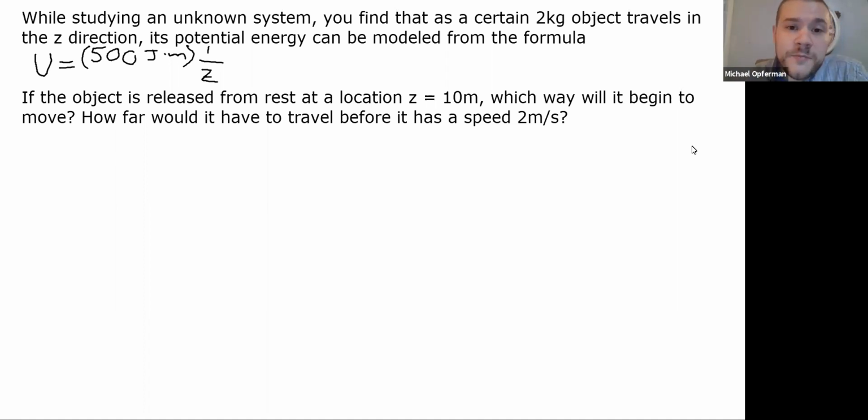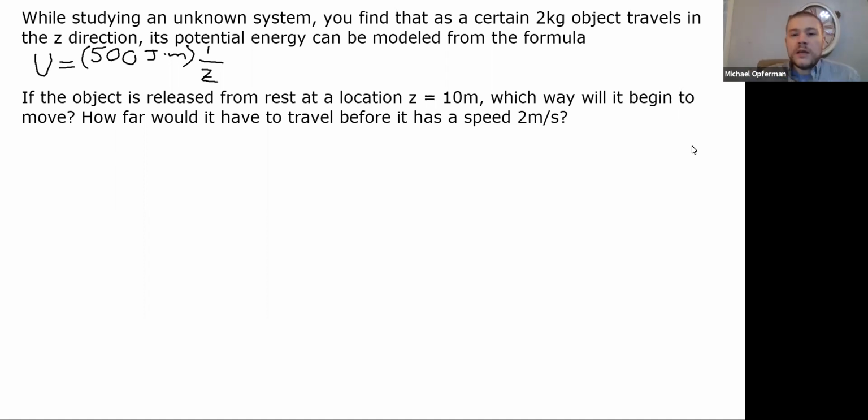And I take some measurements, and I eventually figure out that the potential energy of this object as it moves back and forth on the z-axis is 500 joules times meters over z, which, by the way, capital J is joule. That is the SI unit for energy, which I don't think I said in the previous videos. But anyway, the potential energy is 1 over z times a constant number.